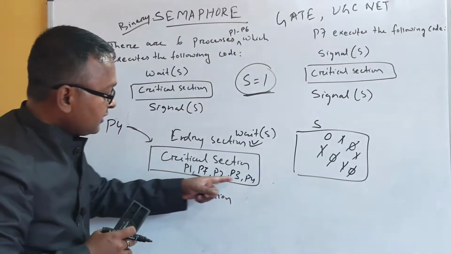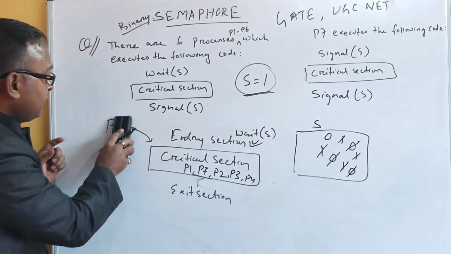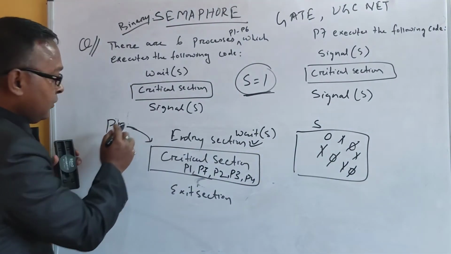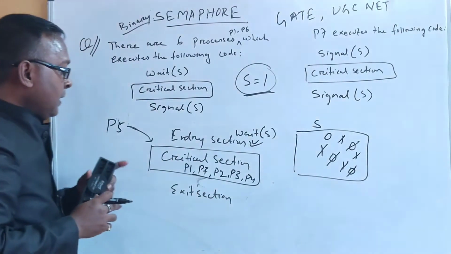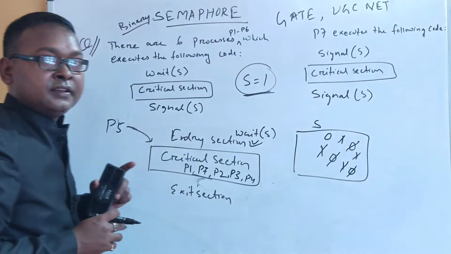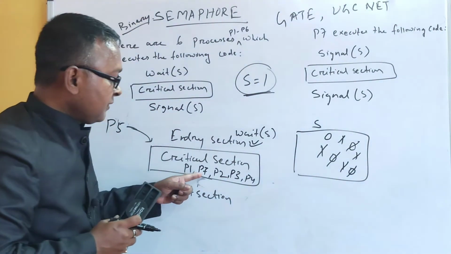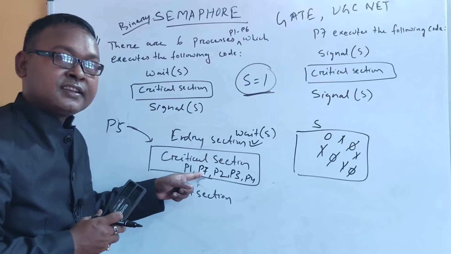Right? So right now these are the processes inside the critical section. Any other process that wants to enter, can it enter? P5 wants to enter, can it enter? No, because the semaphore value is 0. P6 wants to enter, can it enter? No, because the semaphore value is 0. Right now, P7, which is already inside, can come out.